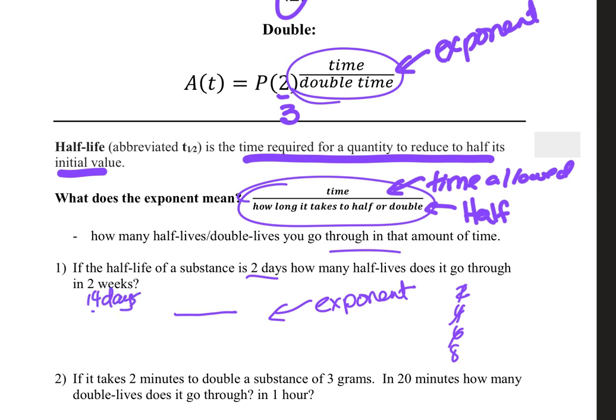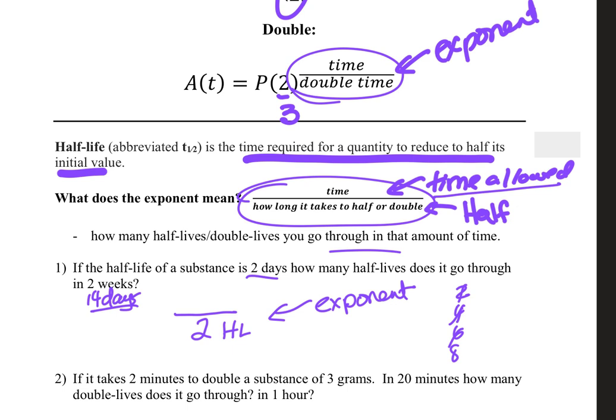But let's say we had 11 days, or the half-life was 15 weeks, and we wanted to know how long it would be in 2 weeks. When the time allowed is not a perfect multiple, we can just do it this way. Remember, the half-life goes on the bottom, and the amount of time we're allowed is 2 weeks.